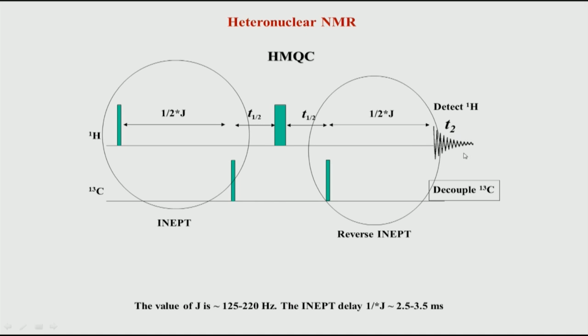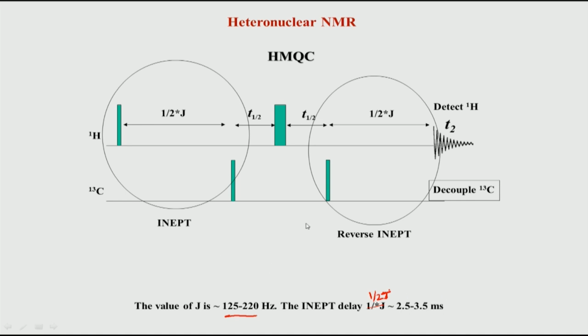So, similar considerations apply. If you want a very good transfer efficiency, then your delays here have to be tuned to the right values. The delay here is 1 over 2J, so let me correct this, it should be 1 over 2J, and this value of J is 120 to 125 to 220 hertz depending on the carbon you are looking at, and therefore the value if you calculate is roughly in this range.